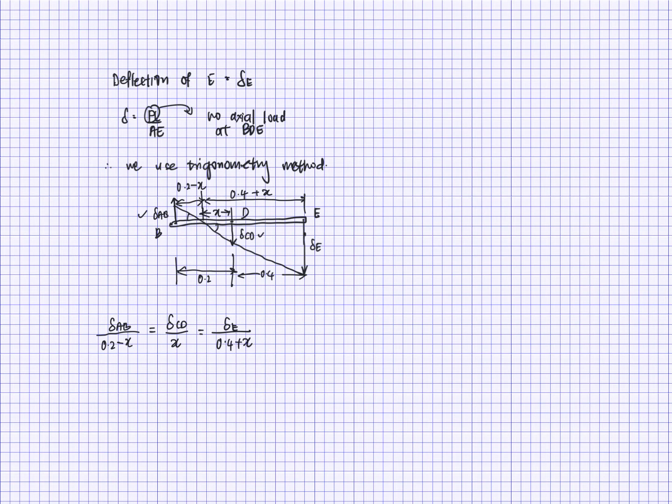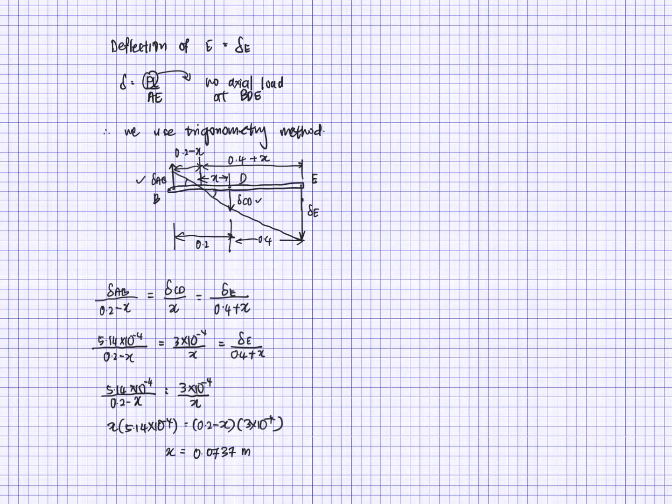When we have this equation, we can solve for x. Substitute the values of delta AB and delta CD here, then we can find the value of x. So x equal to 0.0737 meter. Then we substitute x into this equation so that we can find the value of delta E. Then we get delta E equal to 1.928 millimeters.